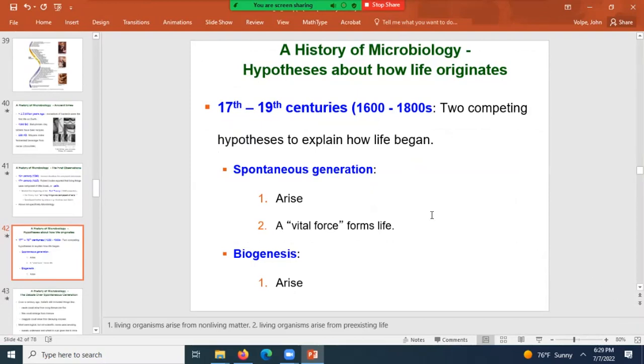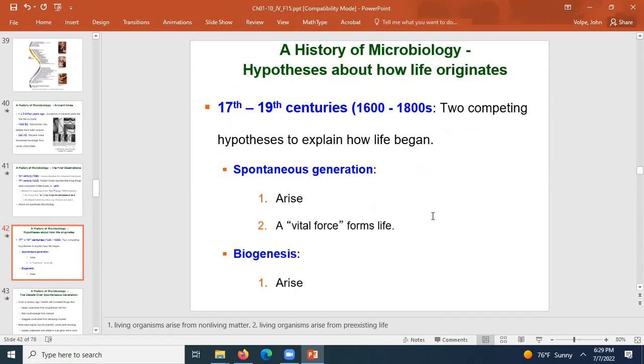As I stated, the early microbiology concerned the hypothesis about how life originated. There were two competing hypotheses to explain how life began.